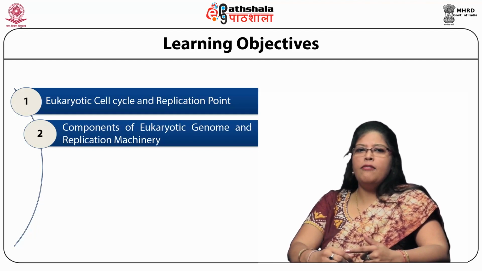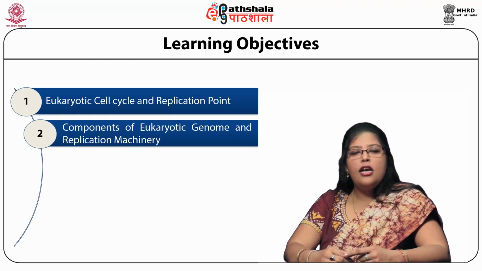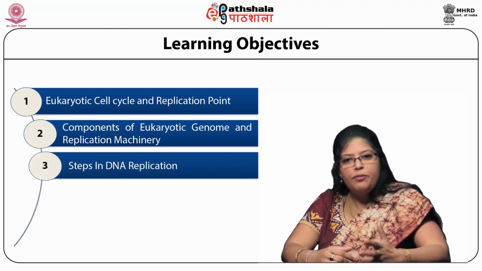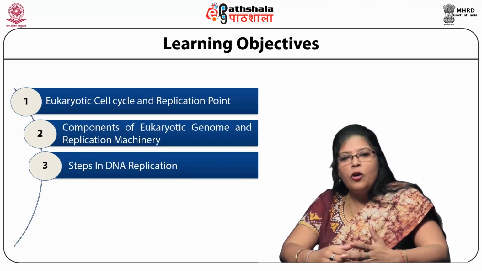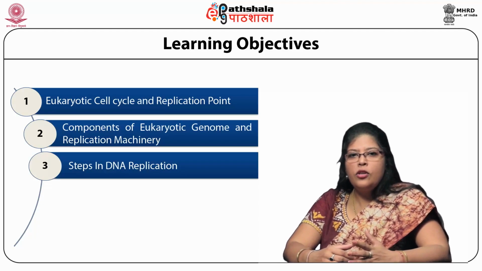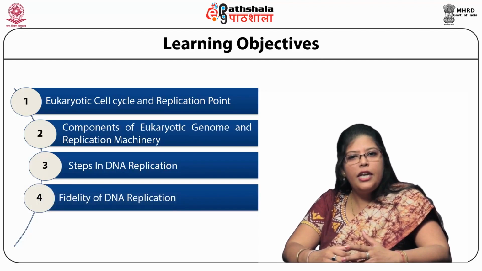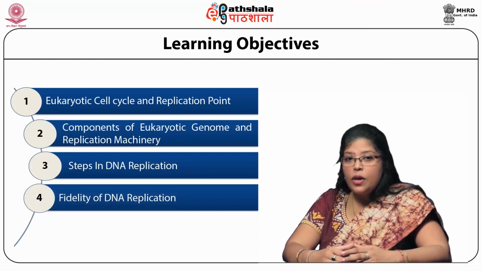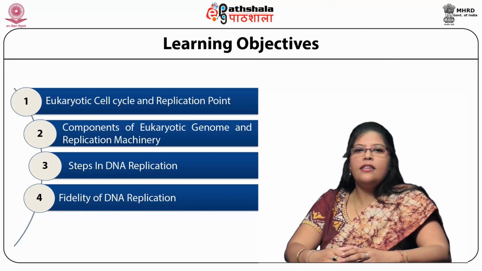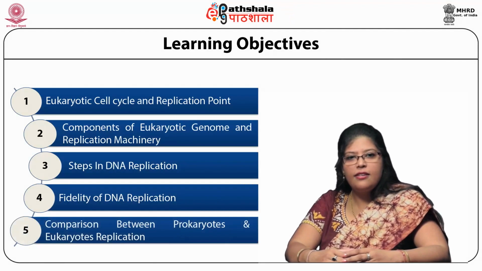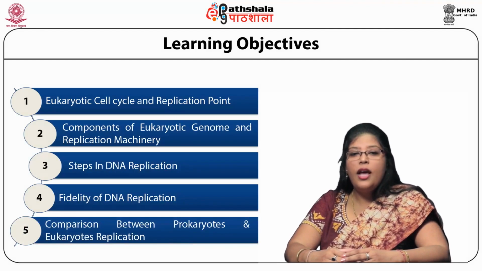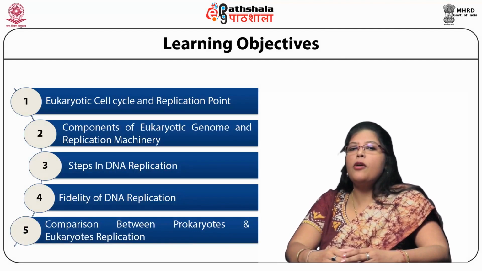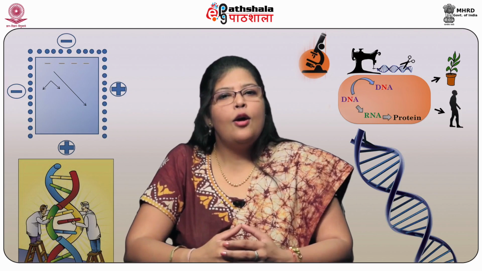We will then have a detailed discussion about the various steps involved in eukaryotic DNA replication, followed by a summarizing note on fidelity of DNA replication. To conclude, we shall highlight the similarities and differences in the replication process in prokaryotes and eukaryotes, and also outline the important features in both.